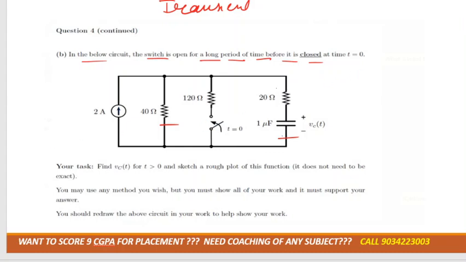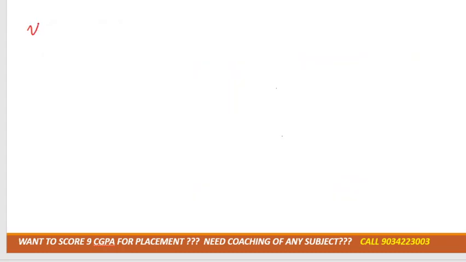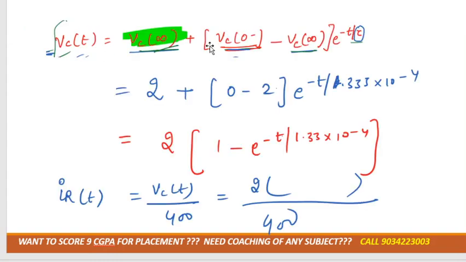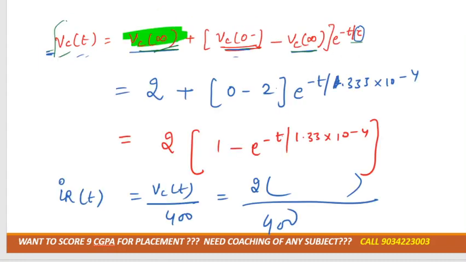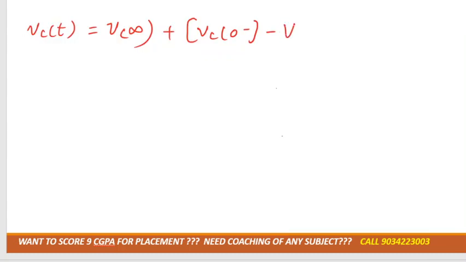So remember I told you the formula for that Vc of t. Remember what was the formula for that? Vc of t is equal to V infinity, then plus Vc of 0 minus, then minus Vc of infinity, then e raised power minus t by tau, right?